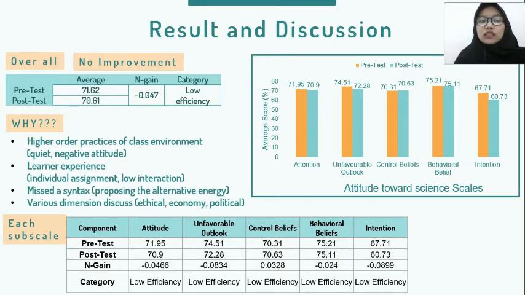However, in the class, the students tend to be quiet, and this condition results in negative attitude. The second one is learner experience, which is also a framework of socio-scientific issue-based learning. There is low interaction between the students because the students were given individual assignments. So it's better to have group assignments to make the students interact more with each other.